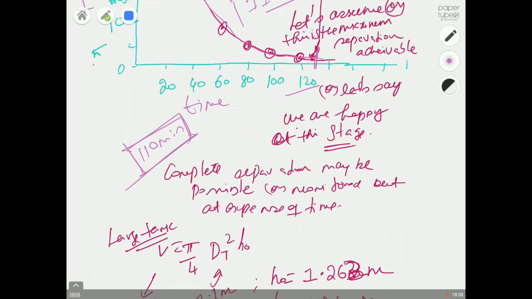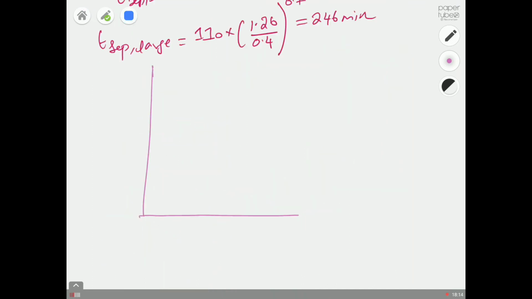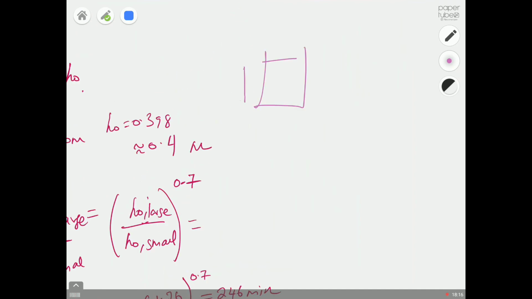We cannot give a separate lecture on this one. What we are going to learn is that the height of the dispersed phase, or the height of the tank, plays a big role on the separation time.